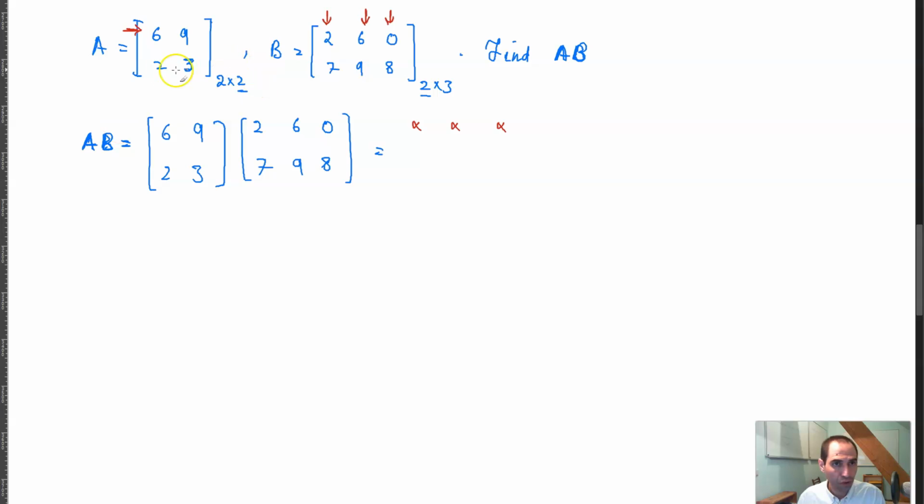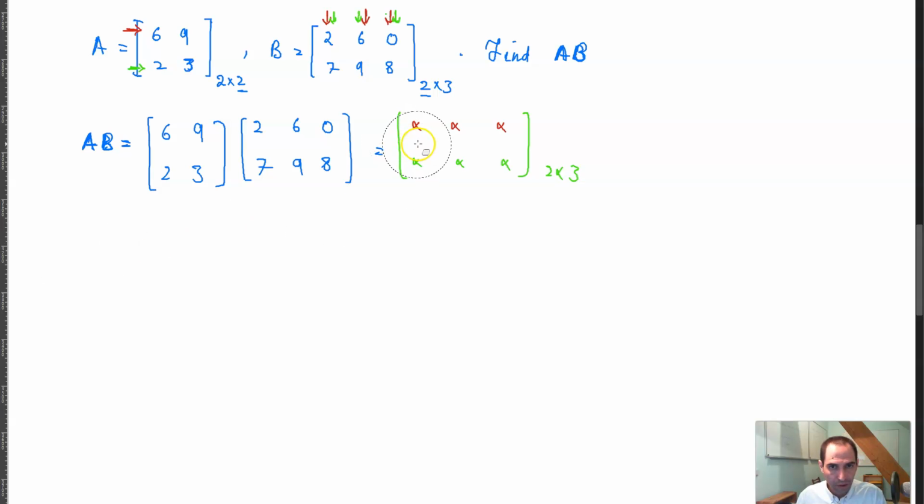Second, you go to the second row, and again you go to the first column, the second column, and the third column, and then you write the results here, here, and here, and that becomes a 2 by 3 matrix, right?